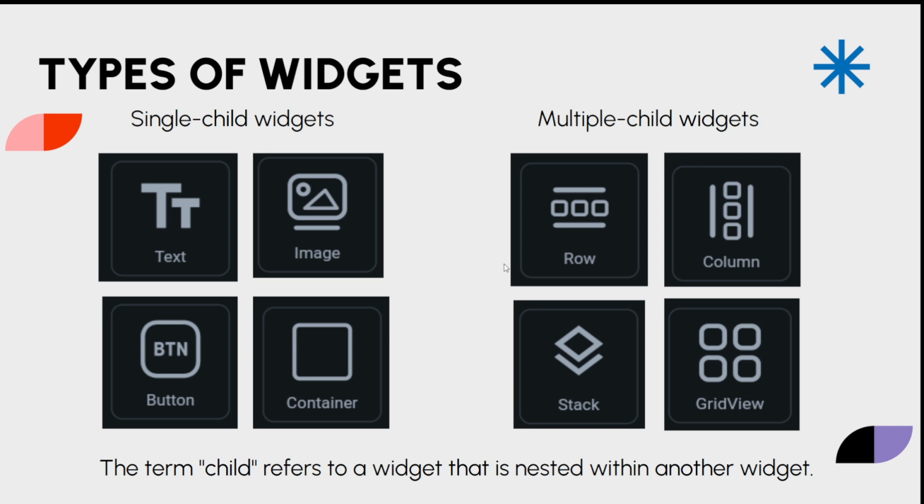Multi-child widgets, on the other hand, are designed to hold multiple other widgets inside them, often organizing them in a specific layout like a list or grid. You might be wondering, what does child mean here? In this context, a child simply refers to a widget that is placed inside another widget.